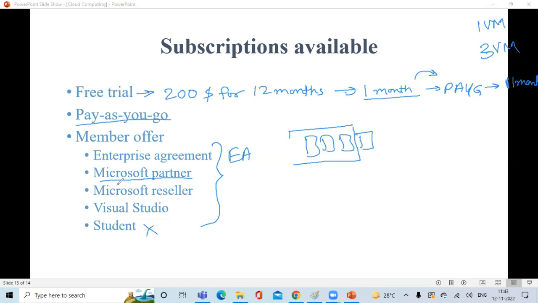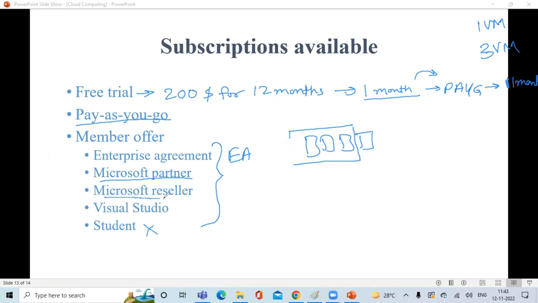From our end, we can give other people, let's say our employees or anyone, a subscription of $100. We can generate multiple passes for the $100. We can generate exam vouchers. We can do multiple things, as well as some of the training requirements, right? So this is the Microsoft partner. The partnership should be there with Microsoft, right?